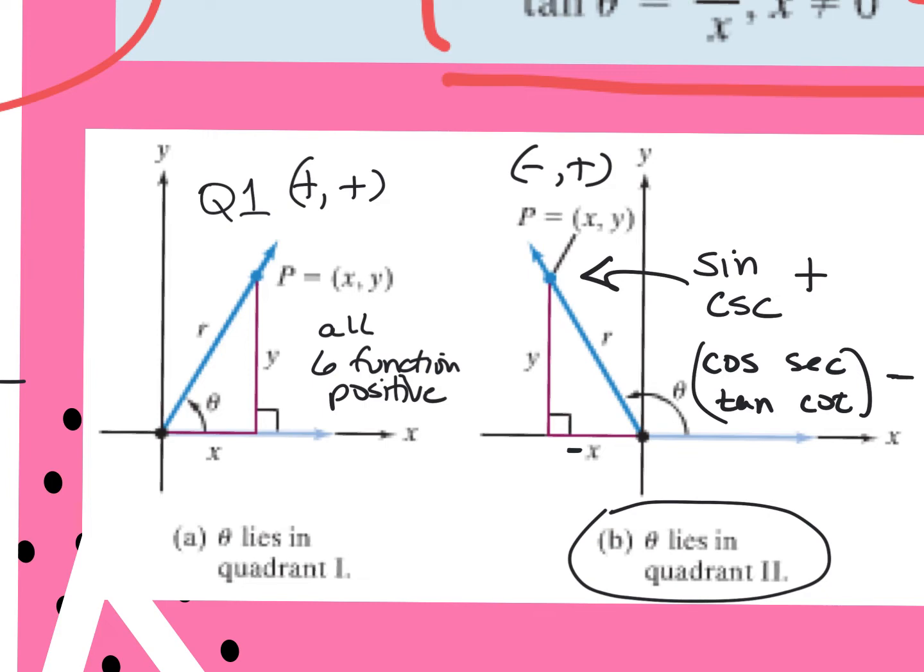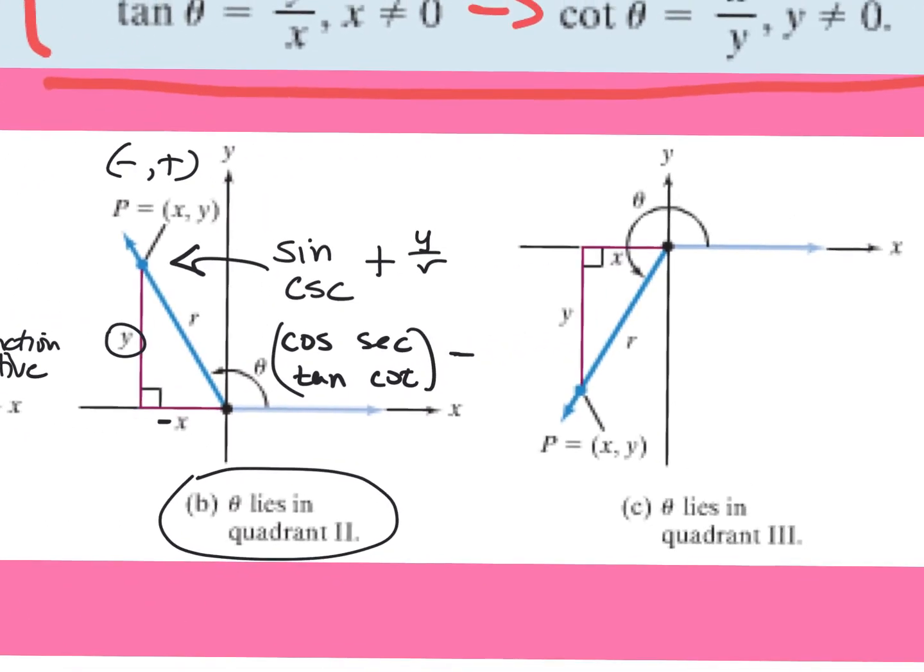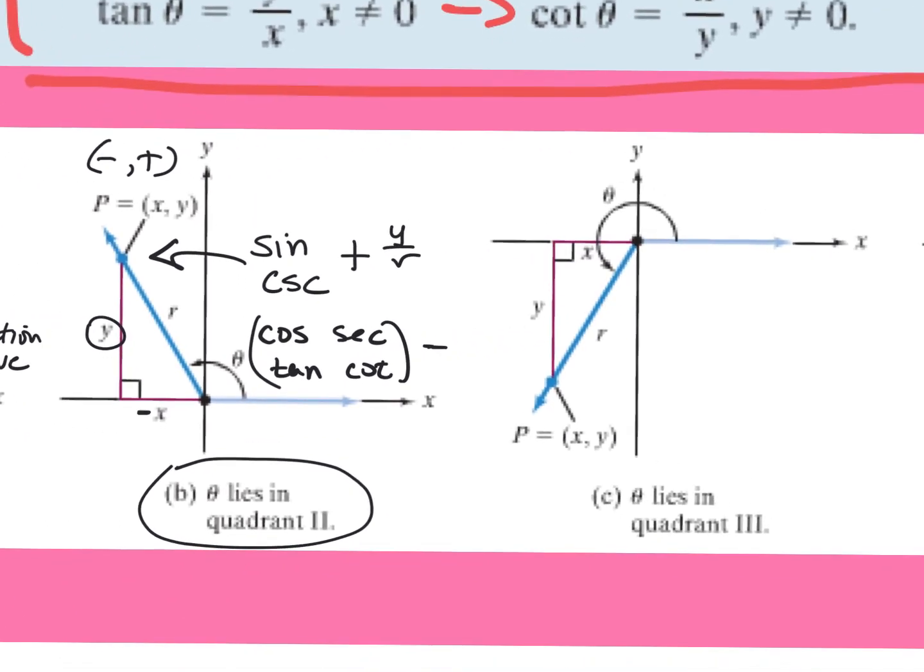Remember, sine and its reciprocal, this is y over r. That's why this one's positive, because my y value here is positive in quadrant 2. Then in quadrant 3, remember the signs are negative, negative. So the only ones that are going to be positive here are tangent and its reciprocal, cotangent.